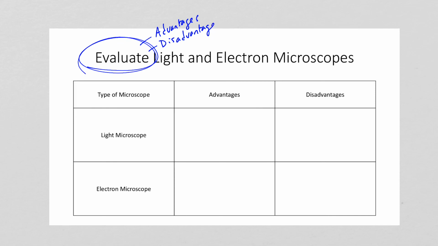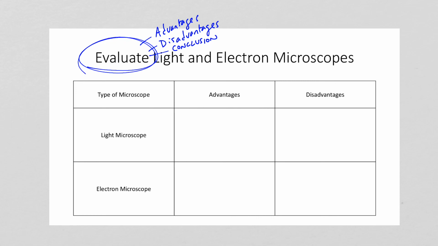You might think of this as benefits and risks. And then finally, you need to make a conclusion. So if it asks you to evaluate the use of a microscope for a particular thing, at the end, you're going to need to say which one is better. You can copy out this table and have a go at doing it yourself. I imagine that you will have no trouble with it whatsoever.